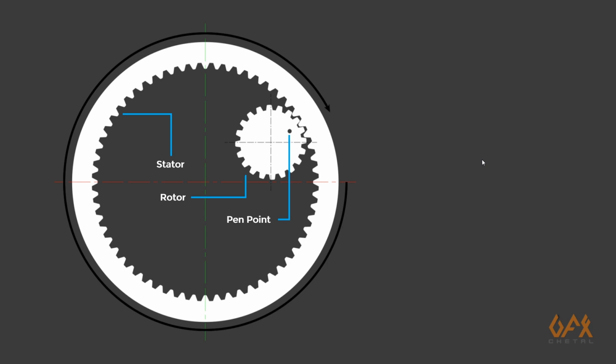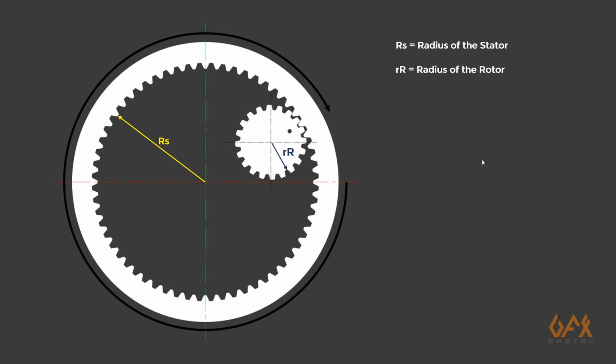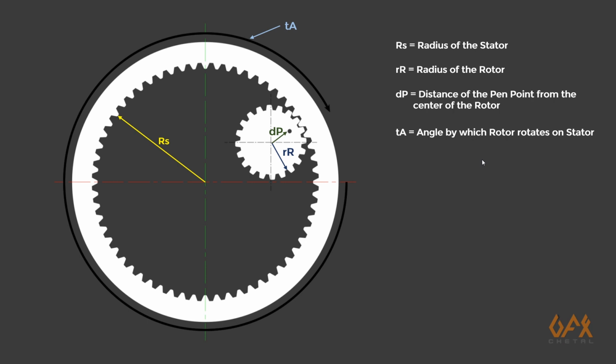So in our case, we have the radius of the stator, the radius of the rotor, the distance of the pen point from the center of the rotor, and the angle by which the rotor rotates on the stator. Now we need to find the XY position of this pen point at a particular angle TA.